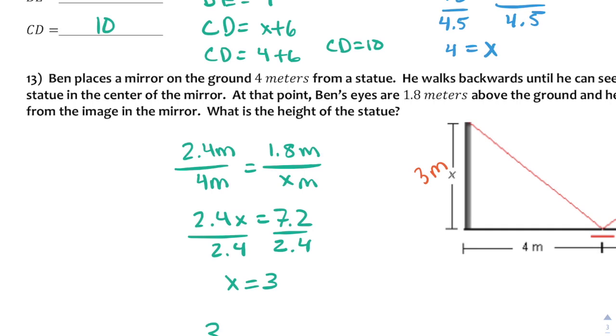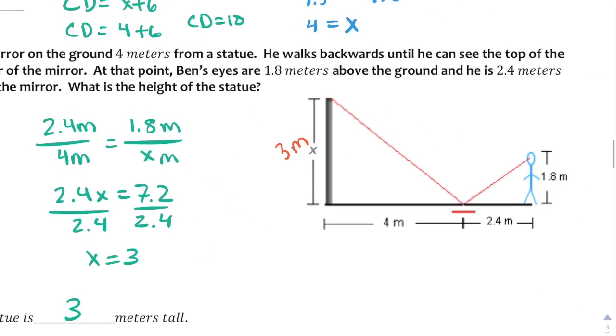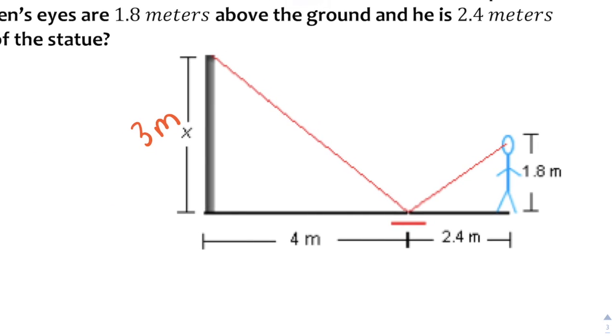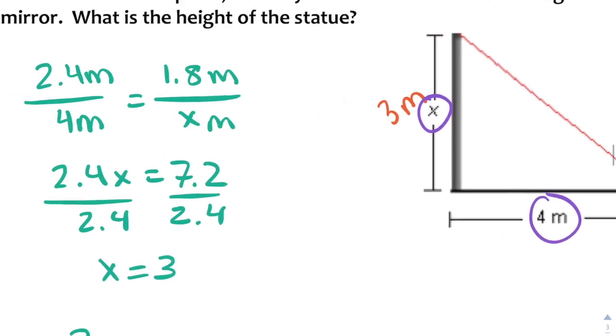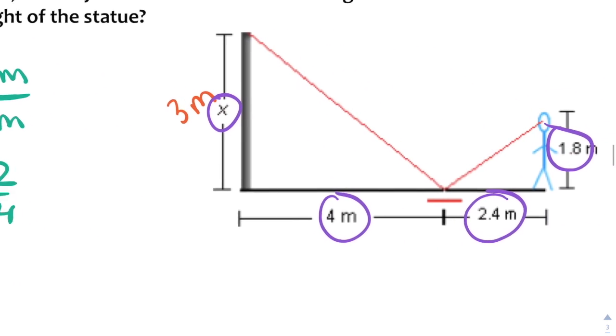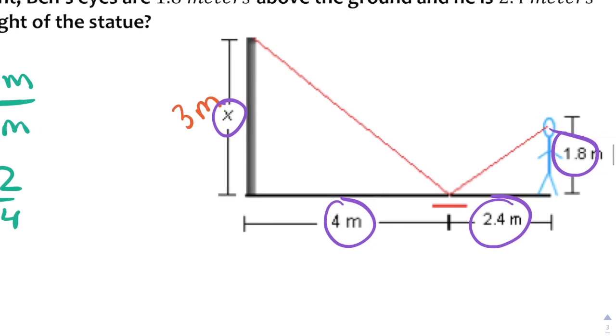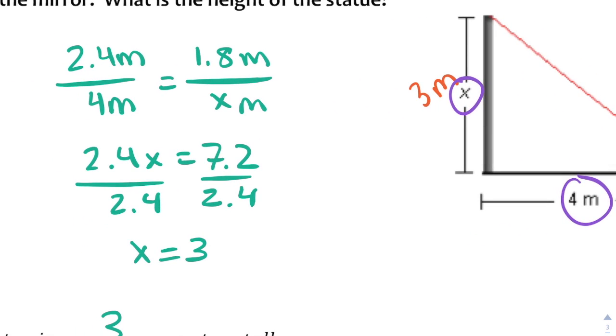All right. Ben places a mirror on the ground, so we have reflection. So what we do know is that 2.4 meters is proportional to 4 as 1.8 is to x. So I set that up. I did 2.4 is to 4 as 1.8 is to x. And everything's in meters, so your result will be in meters.